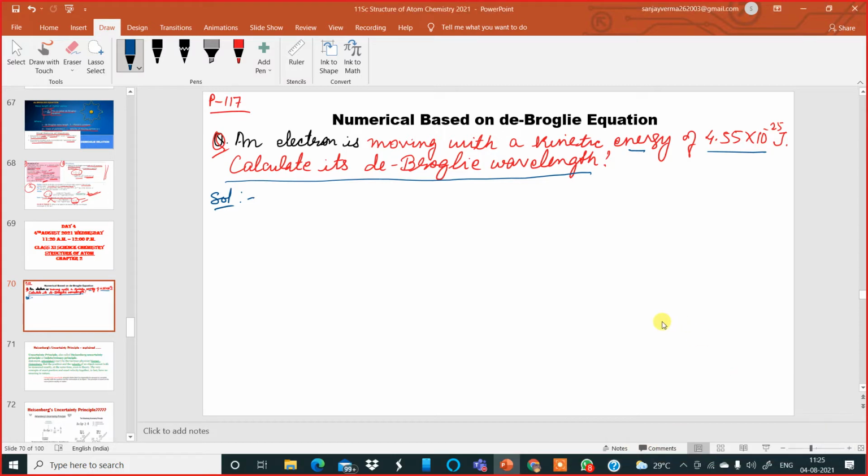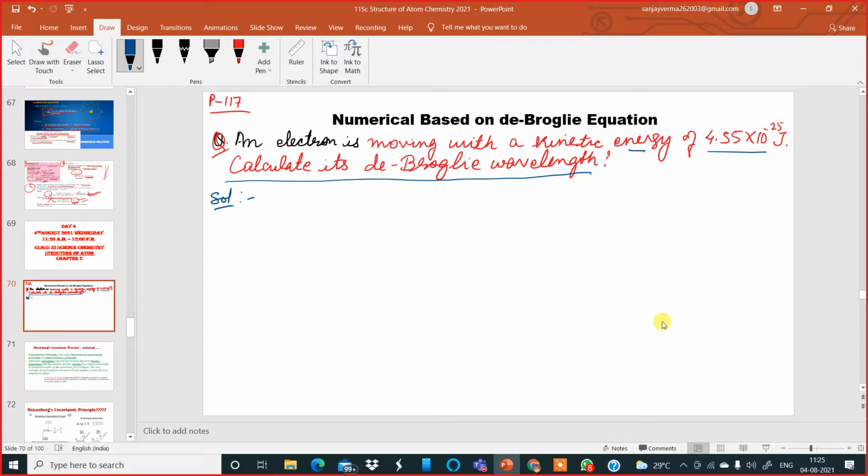Please copy the question. An electron is moving with a kinetic energy of 4.55 into 10 to the power of minus 25 joules. They are asking us to calculate its de Broglie wavelength, the wavelength of that electron.